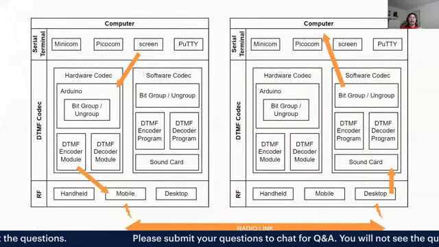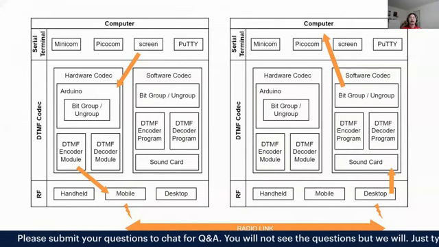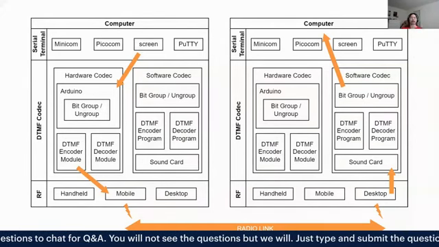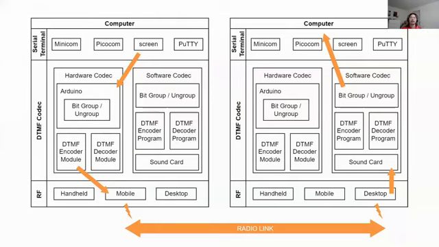That goes in through the hardware codec that we have in this setup. It goes through the Arduino, and the Arduino will do a bit of bit grouping and ungrouping, and then it sends the information to the DTMF encoder module, which you can also purchase at a very reasonable price.